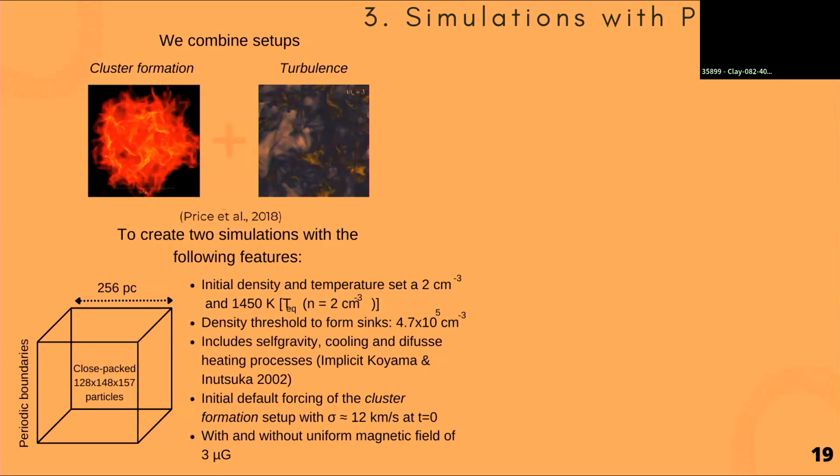The setup includes self-gravity from sinks and implicit cooling, and we kept the initial forcing of the cluster formation setup. One of these simulations has a magnetic field of 3 microgauss.